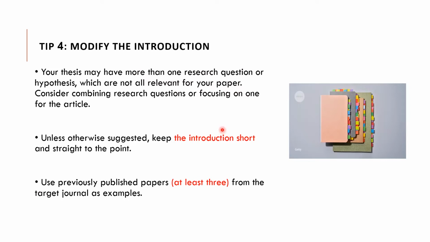Let's say you have a review paper. You need to go to a review paper published in this journal, take it as an example, work regarding that paper, and follow the same structure. This is very important as well. All right.